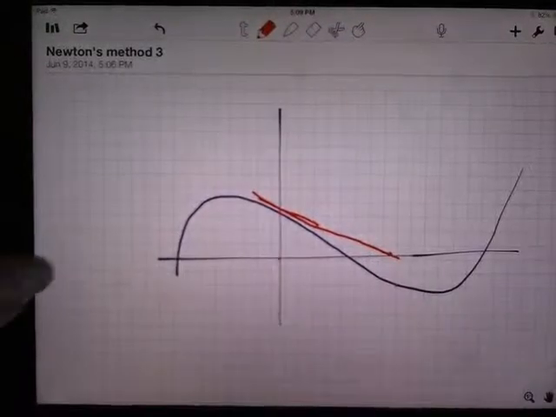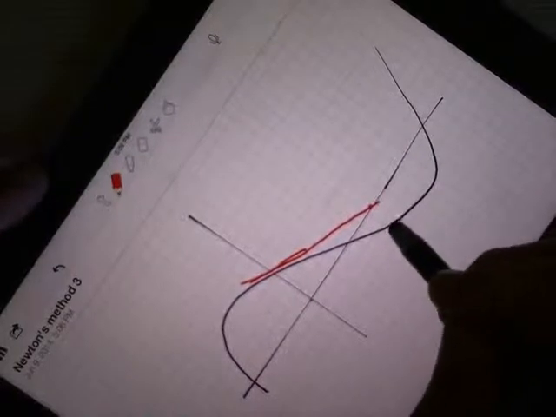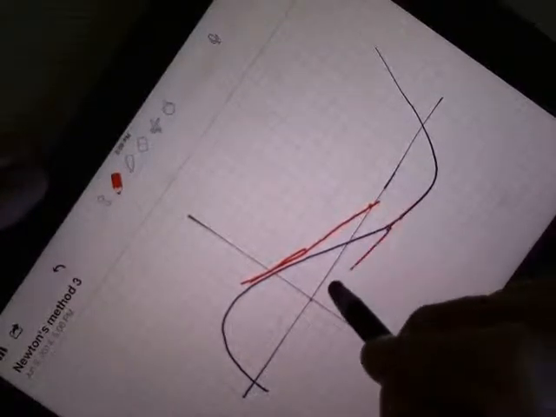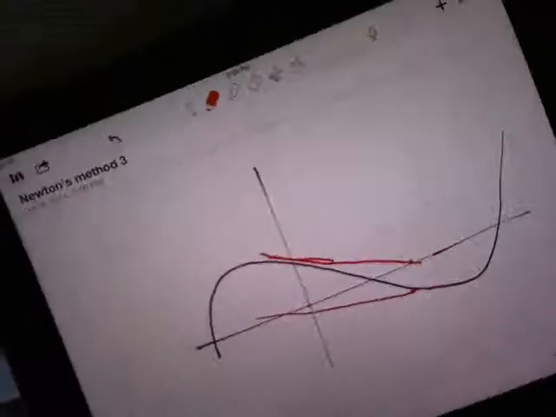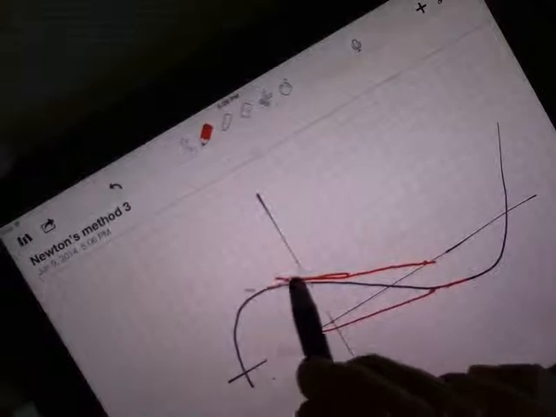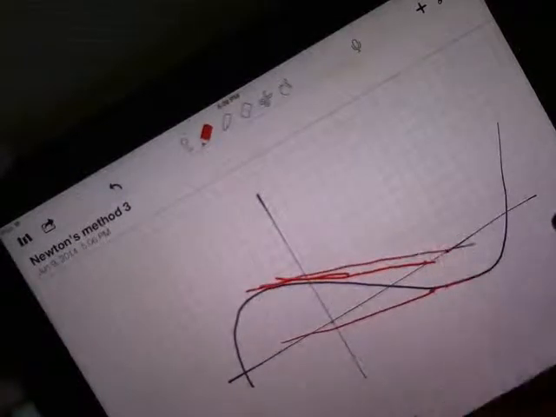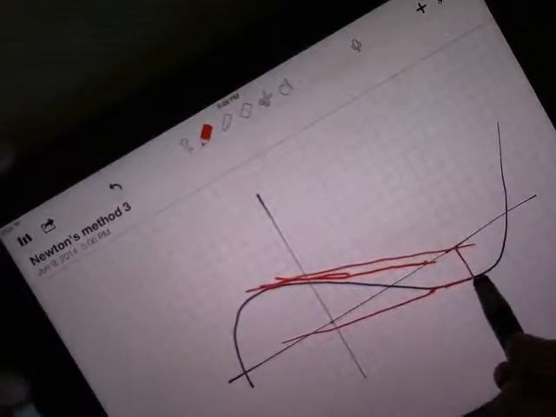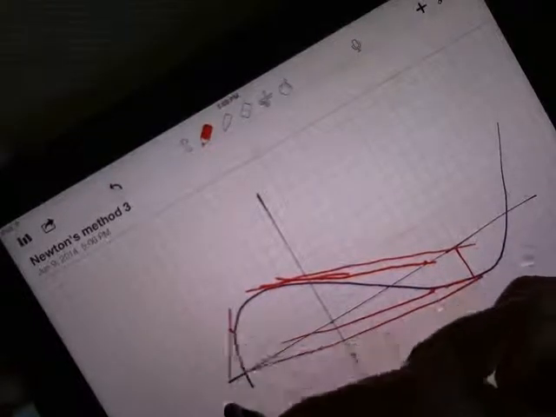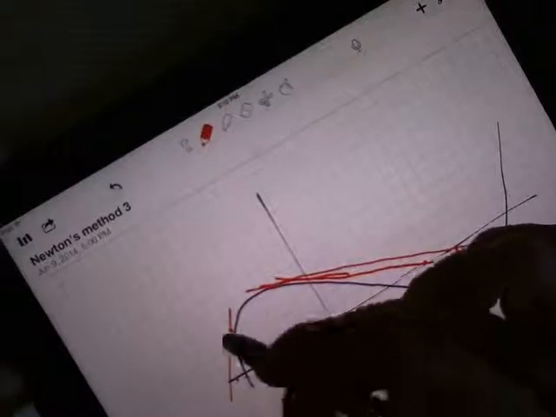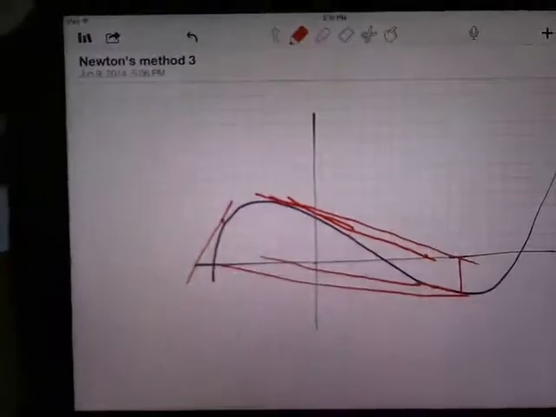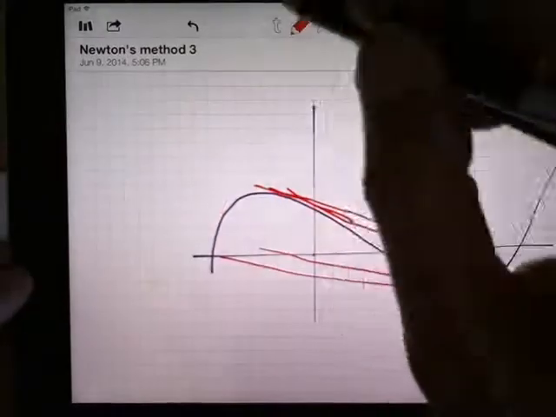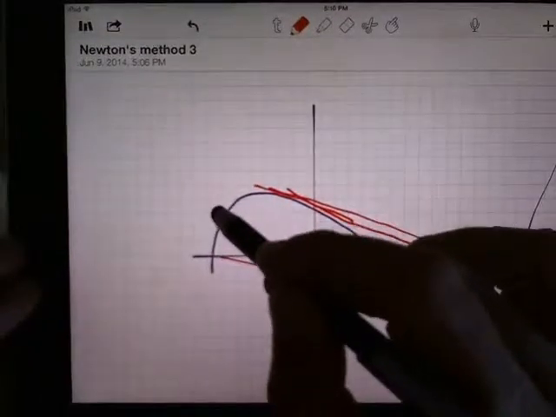And I plug it in and I draw the tangent line. I'm going to turn this a little bit here so I can get a good angle on it. And I draw the tangent line, and the tangent line comes down and it hits over here. And so then you plug it in, and all of a sudden this tangent line is hitting over there, and then the next one is hitting clear out here, and then the next one is hitting there.